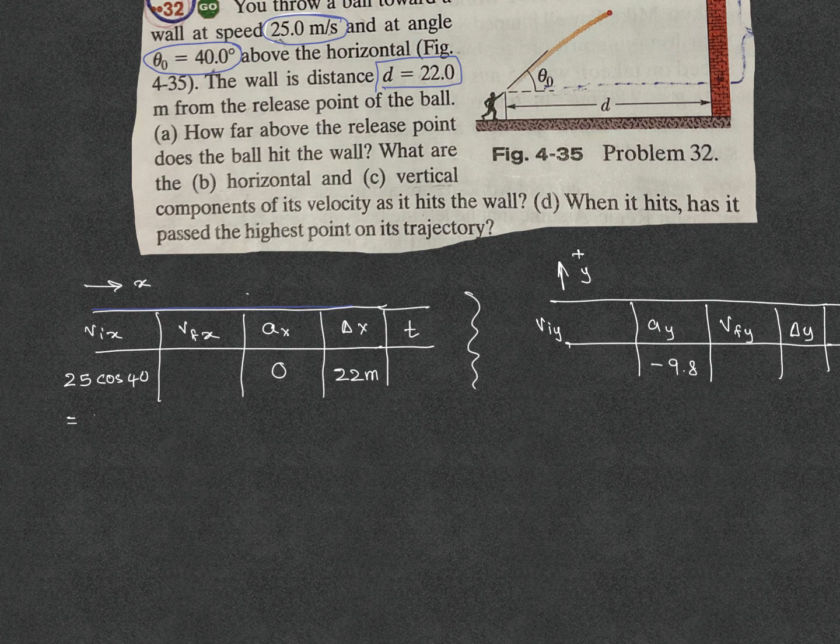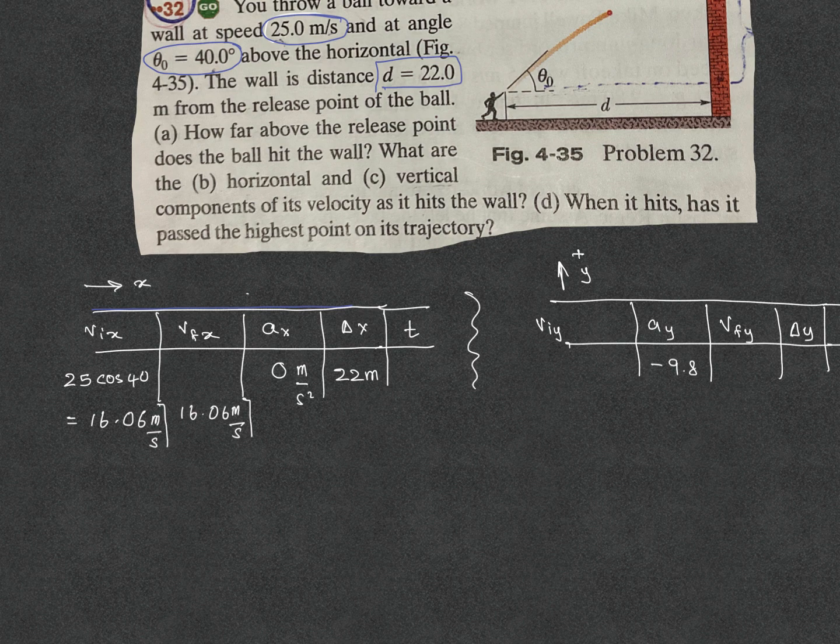I just found it out: 16.06 meters per second. Again, have your calculators in degree mode and check these things out. And VFX does not change because there's no acceleration along that direction, so we have it in the same form. And AX, as we said, is 0 meters per second square, which we already know.